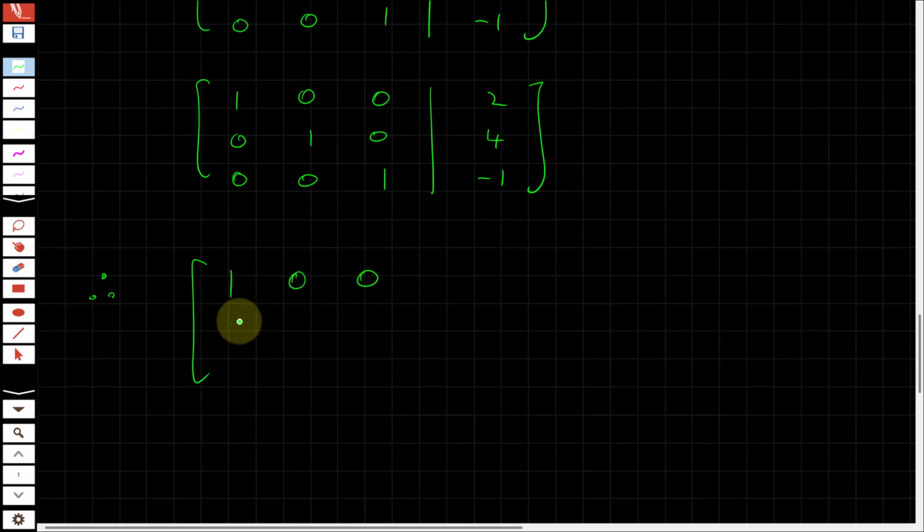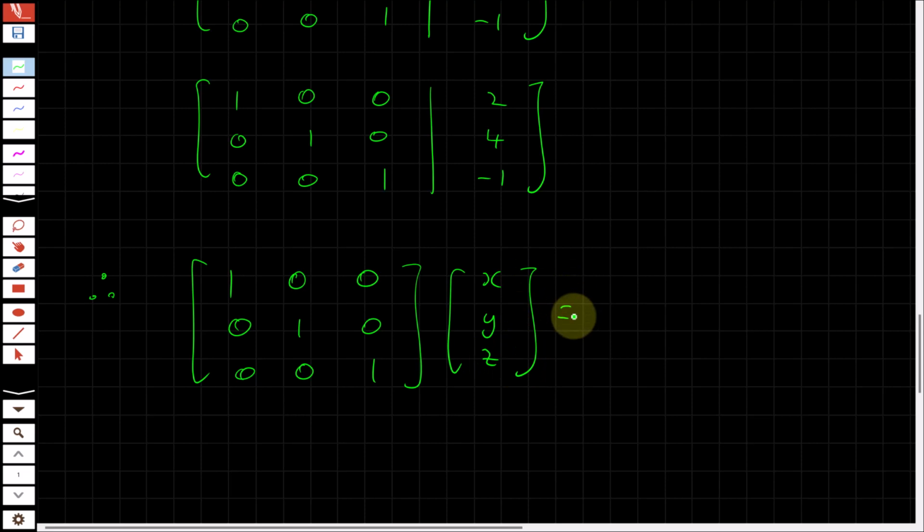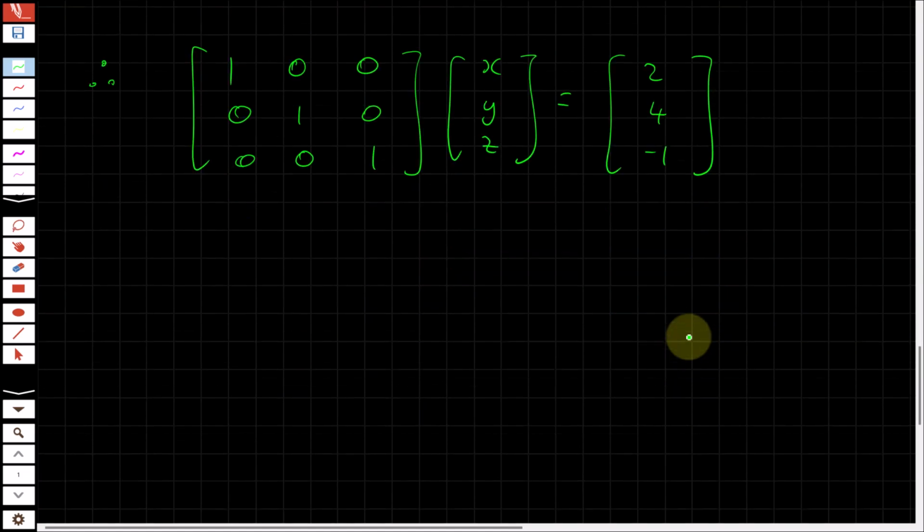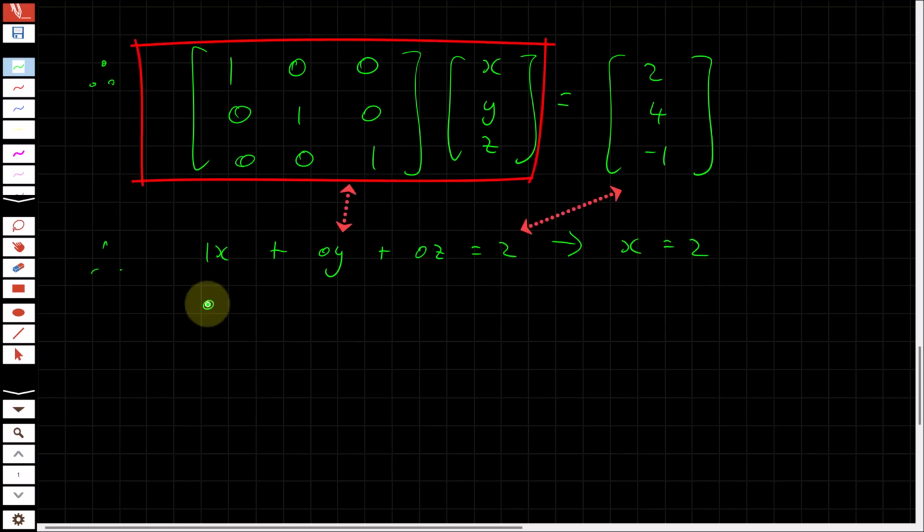So let's firstly expand this out. So write the left hand side matrix there, the variable vector x, y, z, and the right hand side from the original set of equations. Let's multiply this matrix by the variable vector to get the set of equations, and then we can see the solution for this equation is x equals 2.